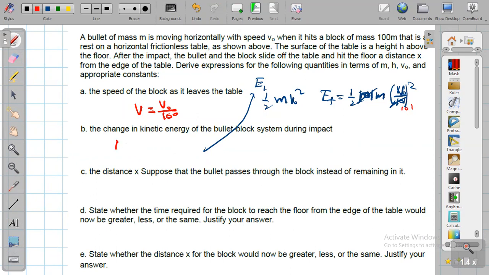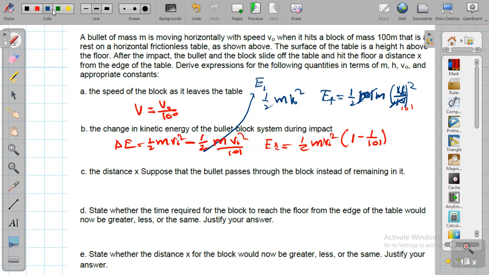So the change of energy delta E equals half m v naught squared minus half m v naught squared over 101. I can take half m v naught squared out, times 1 minus 1 over 101, right?